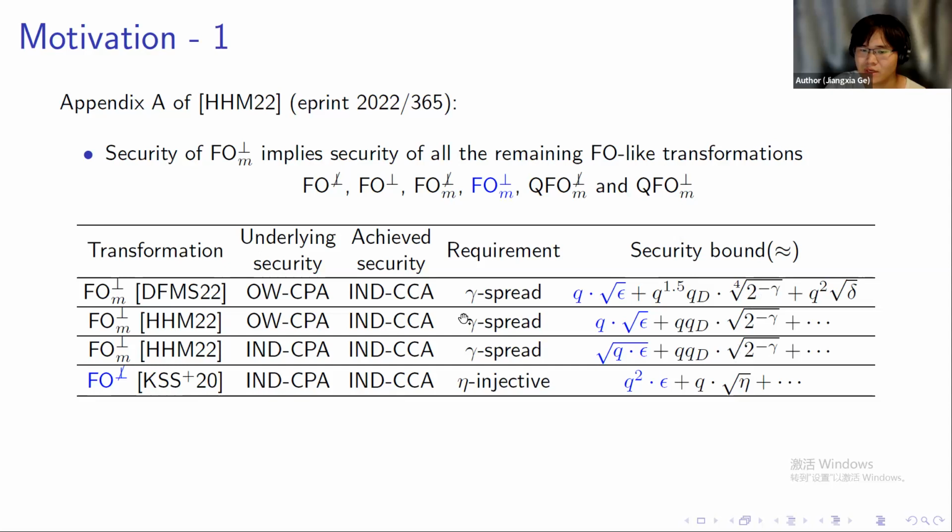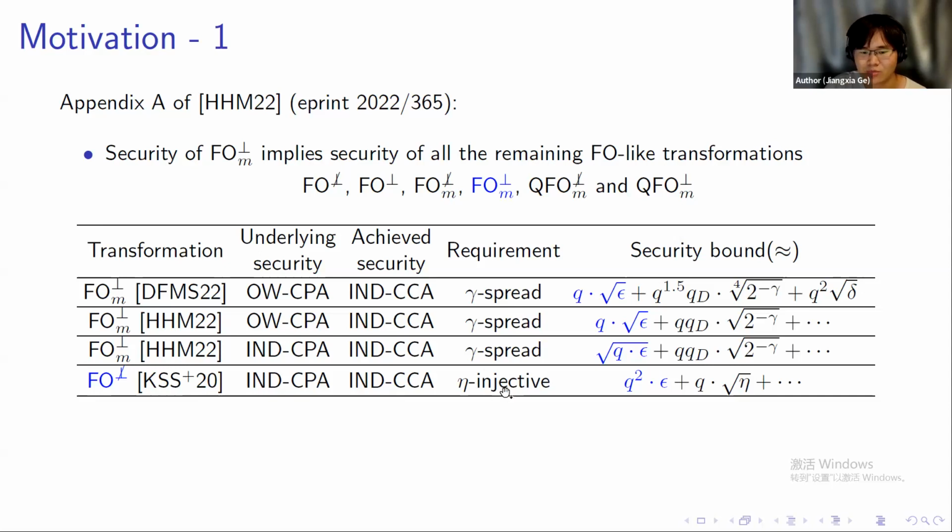This term is related to the corresponding requirement. Roughly speaking, the gamma-spread property means that the ciphertexts generated by the underlying encryption algorithm have sufficiently large entropy.